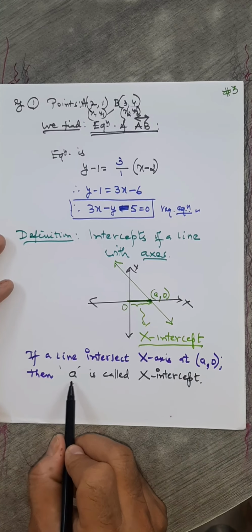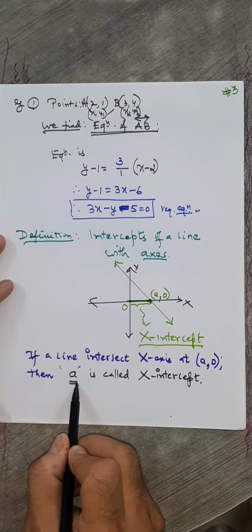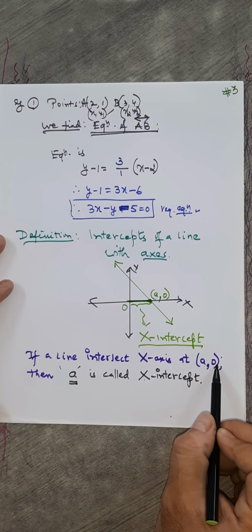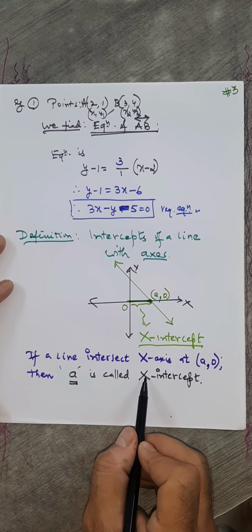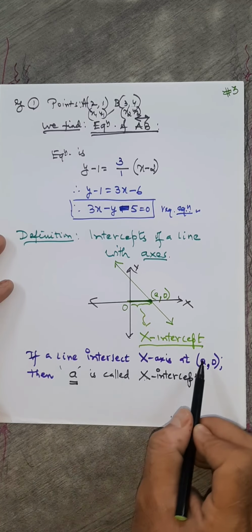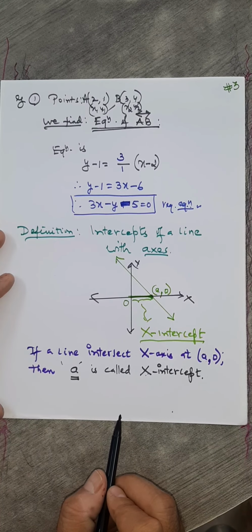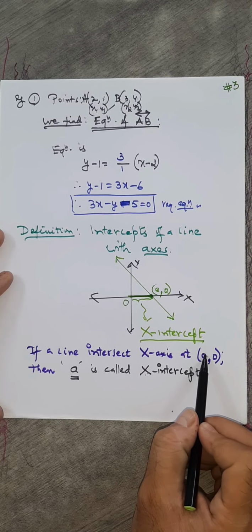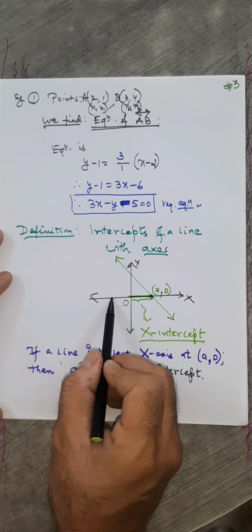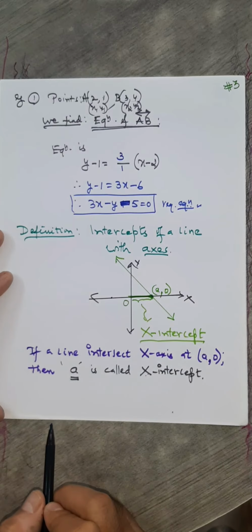Understood? So when I say that the x-intercept is a, that means the line intersects at a comma 0. When I say that the x-intercept is 2, that means the line intersects the x-axis at 2 comma 0. When I say the x-intercept is minus 1, that means the line intersects the x-axis at minus 1 comma 0.